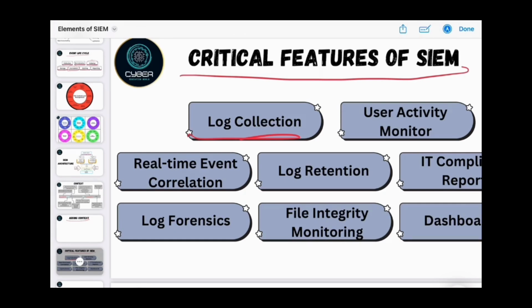It is crucial that our SIEM solution can handle the EPS, events per second, effectively. If the events per second exceed what the SIEM can manage, we risk losing logs due to crashes, meaning those logs will not reach the SIEM solution because it lacks the capacity to process them at that rate.